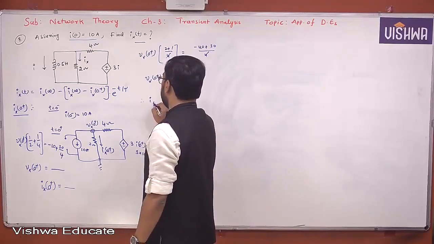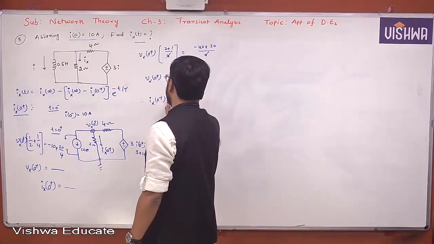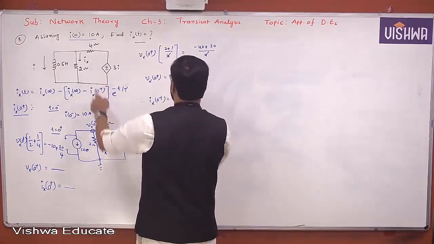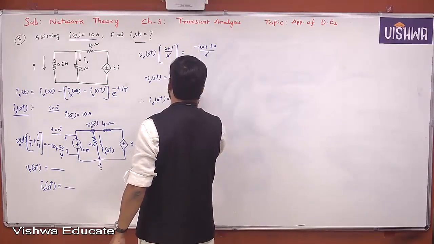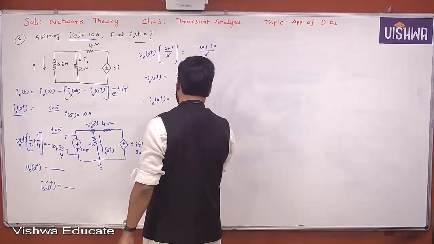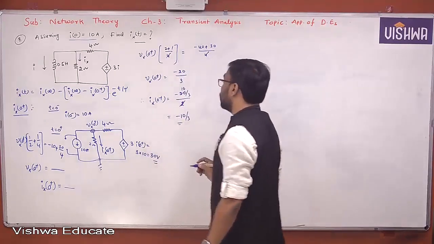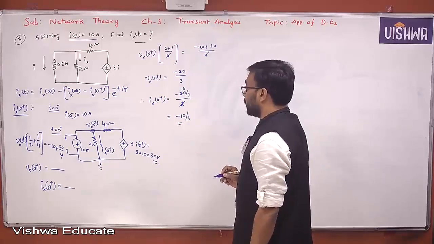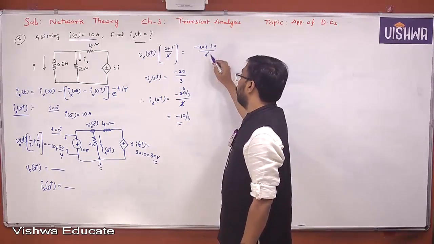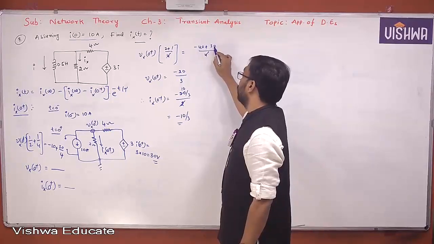And Ix of 0 plus is how much here? Minus 20 by 3 divided by 2 gives minus 10 by 3. I hope you understand the calculation part. Minus 40 plus 30 by 4 is nothing but minus 10, sorry.